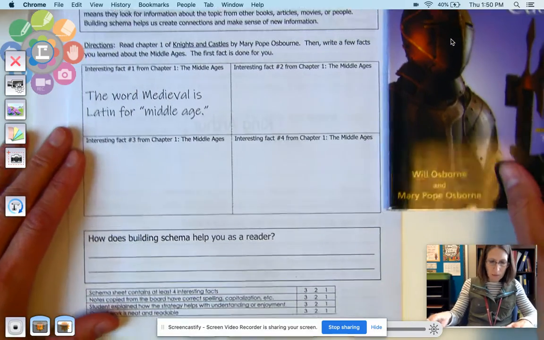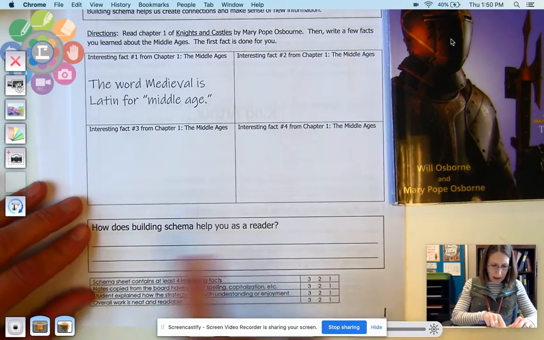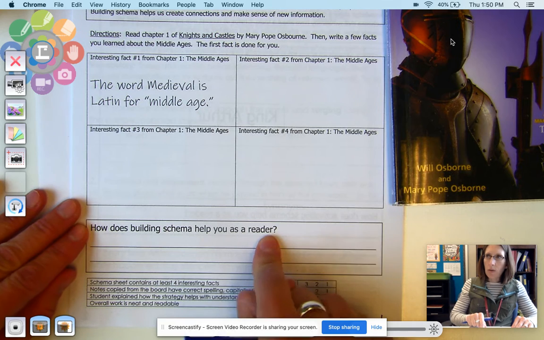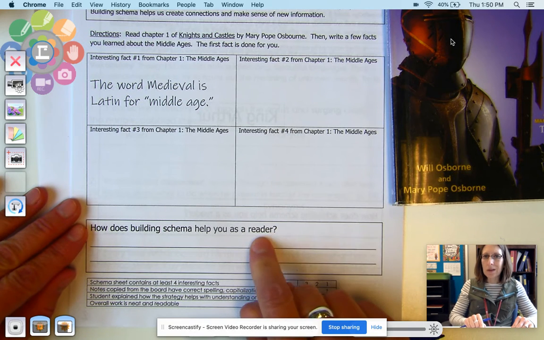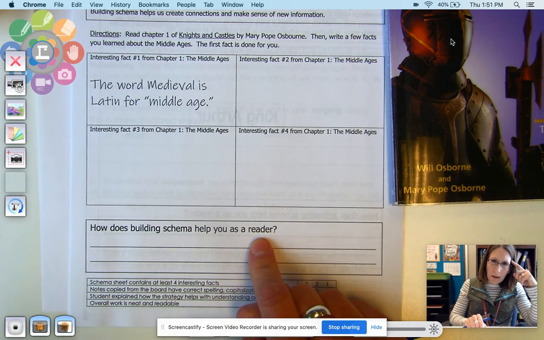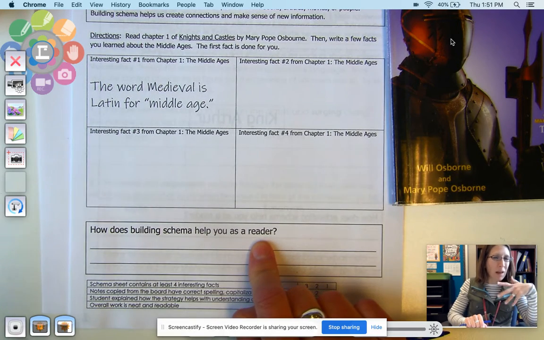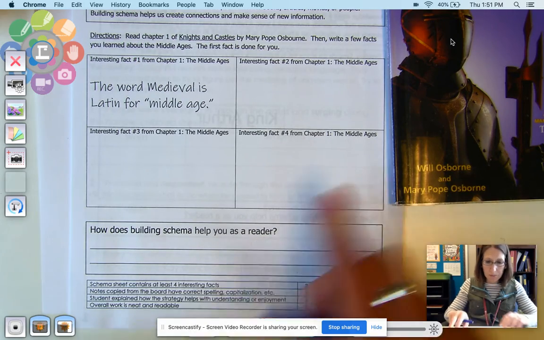And then down here at the bottom, it says, how does building schema help you as a reader? So we talked about building our background knowledge about a topic. If we learn more about knights and castles, it's going to help the story of King Arthur make more sense for us.